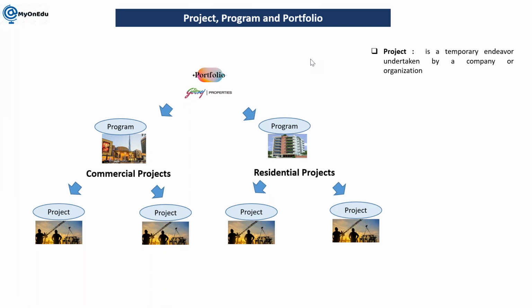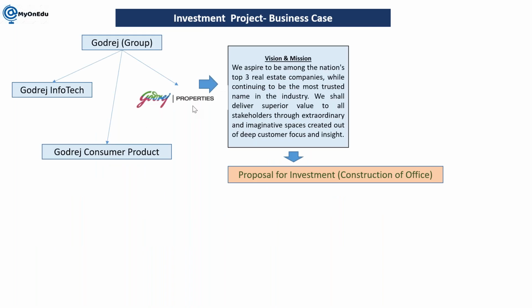In the previous session I also explained a scenario of an investment project business case. Here I'll just recap what we understood from this perspective. Just one example I have given: if you are making any investment in your organization, before going for any investment it has to be analyzed first.